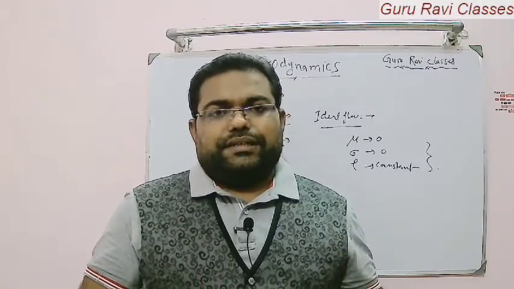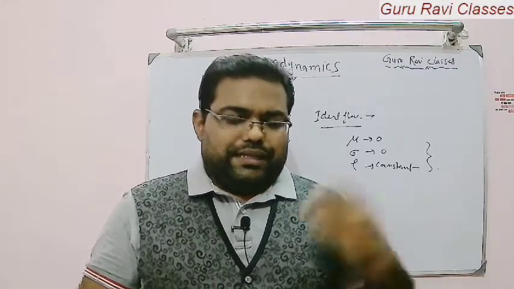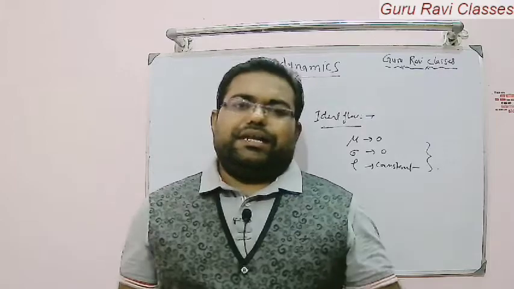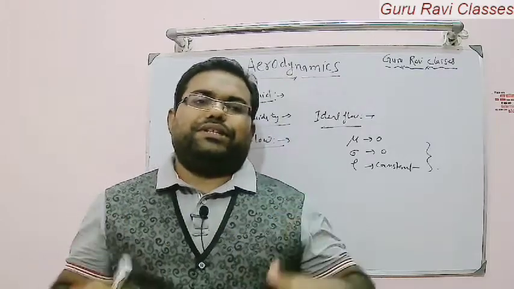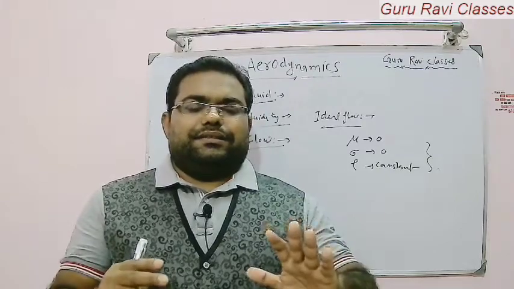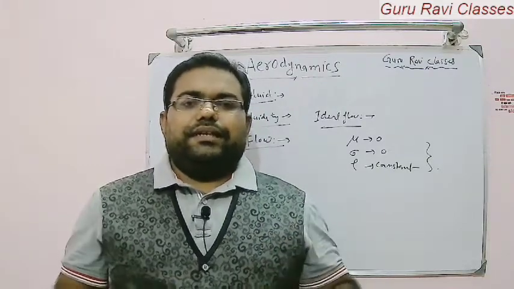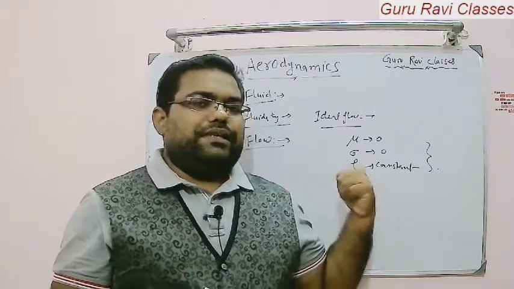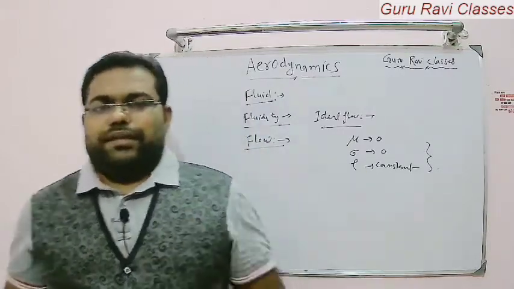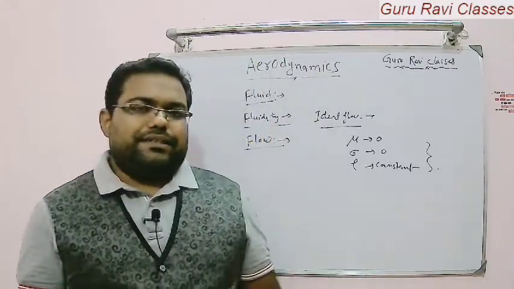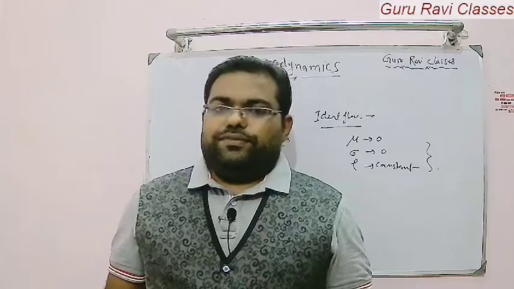In detail, the mass flow rate remains constant throughout the flow domain, and we can say the flow is continuous. Only if that condition exists can we say the given flow is possible. If it does not satisfy the continuity equation, then it is not a possible case of fluid flow.